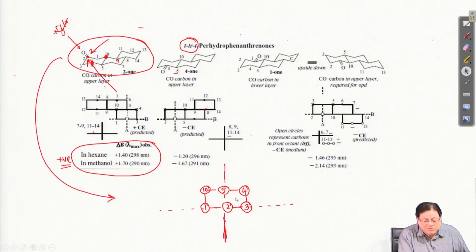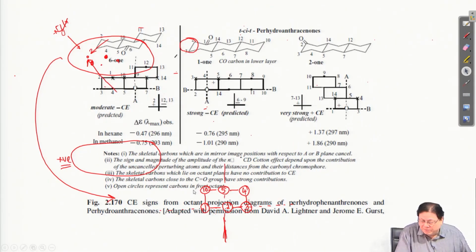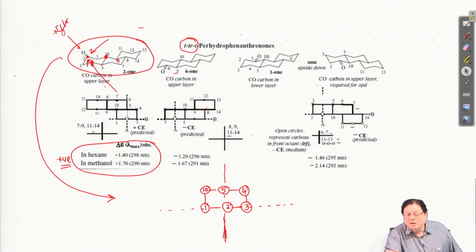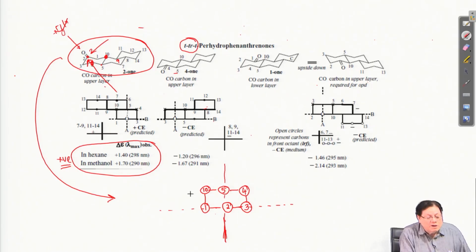So this is the first ring, the cyclohexanone, and you know that for 10 the equatorial goes in this direction. The equatorial bond attached to 10 is 9. If you look carefully, 9 is equatorial to this ring A. The other is 5.